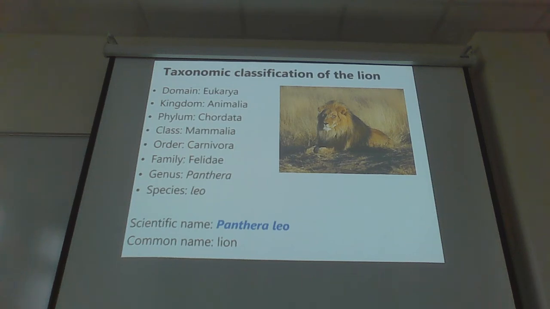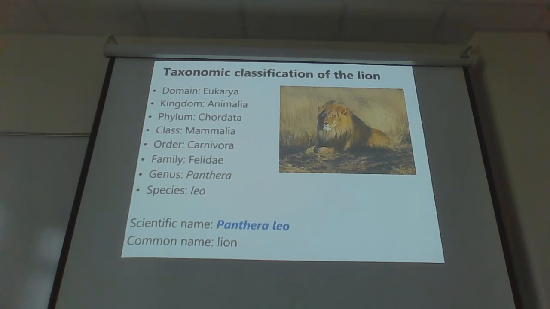And zooming in more, the next box will be Mammalia, mammals. We also belong there as well, okay? Because we have some characteristics that distinguish us from other animals. They make us mammals. And we'll talk about those in detail. Order Carnivora.